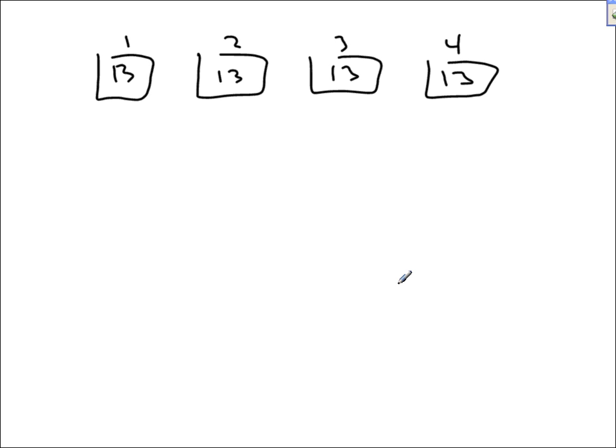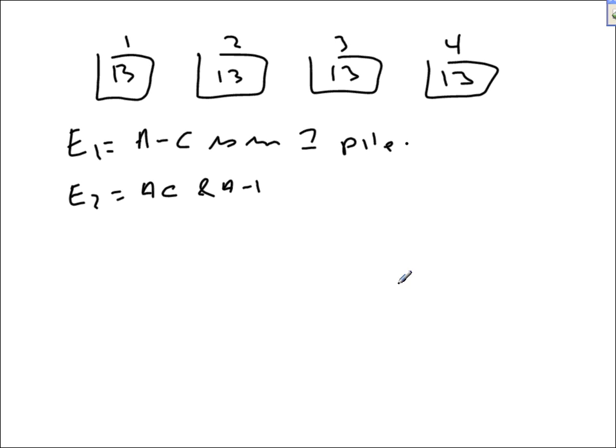Okay, so how about we define E1 to be, I don't know, the ace of clubs is in one pile. And E2 is the ace of clubs and the ace of diamonds are in different piles.